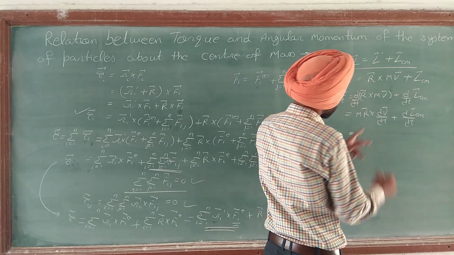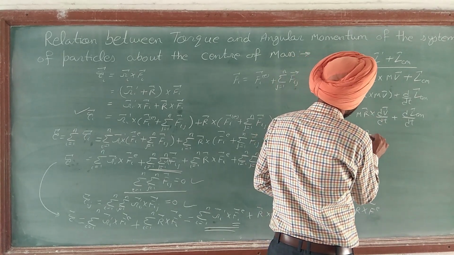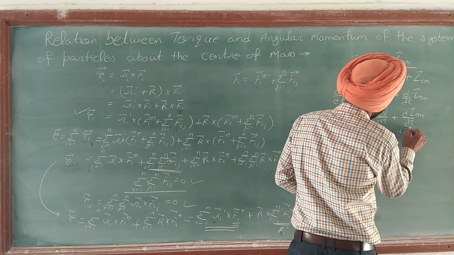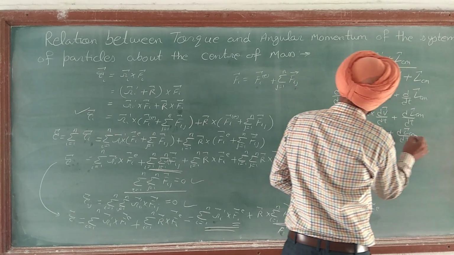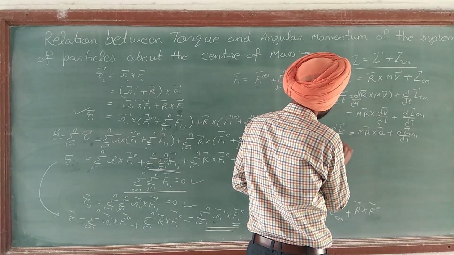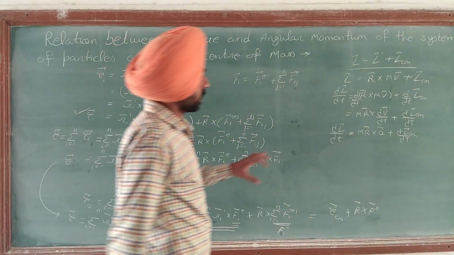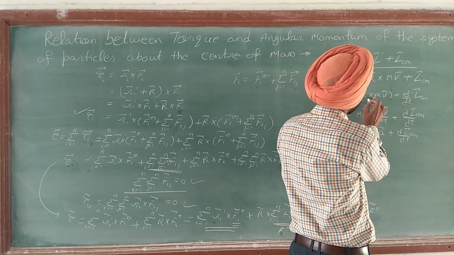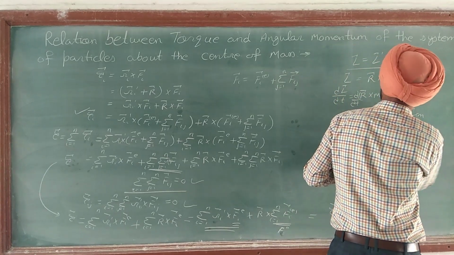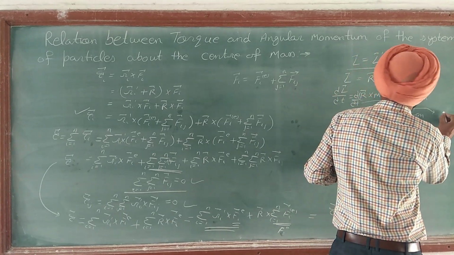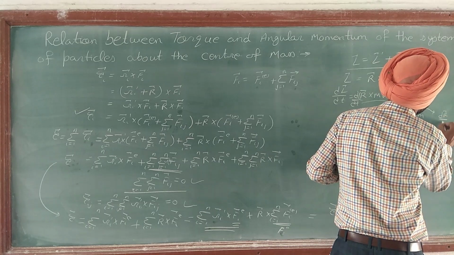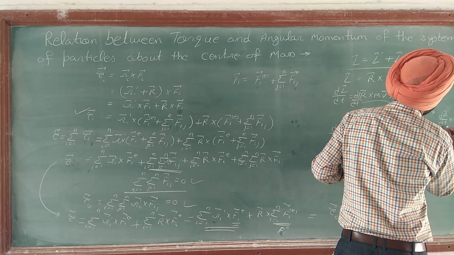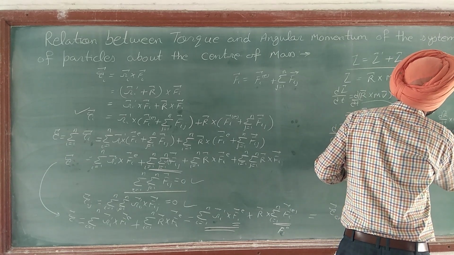So we can rearrange this as M R cross dv upon dt plus dL by dt. So what is this dv upon dt? This is the acceleration, the rate of change of velocity, so we write it as vector a. How do I write this finally? Because if we go by the vector product formula, here it is dR by dt cross mv plus R as it is cross m dv upon dt.